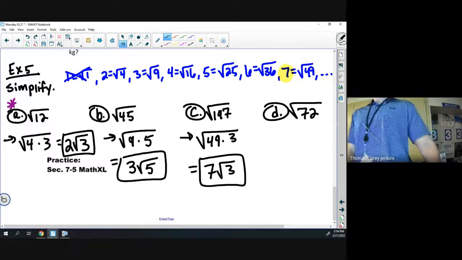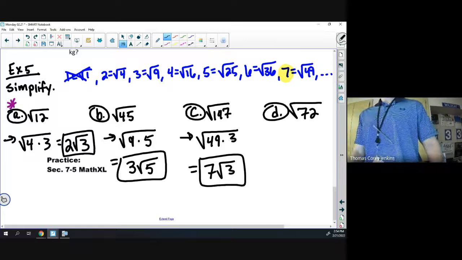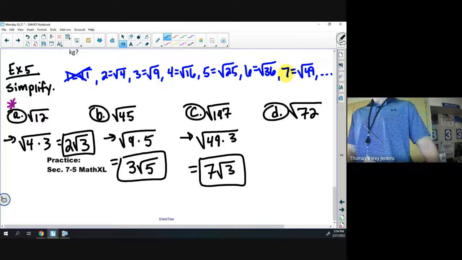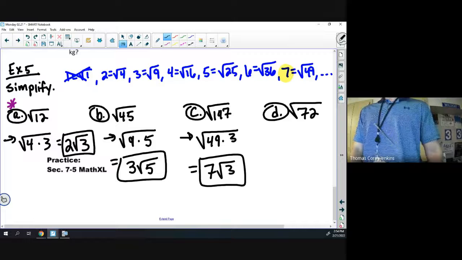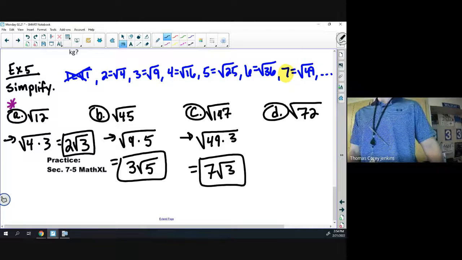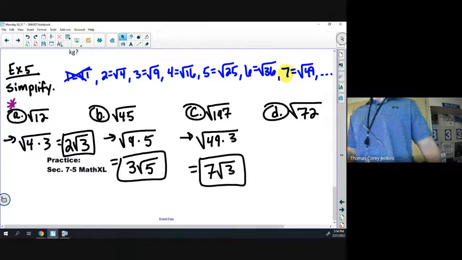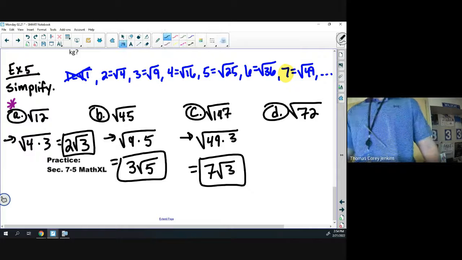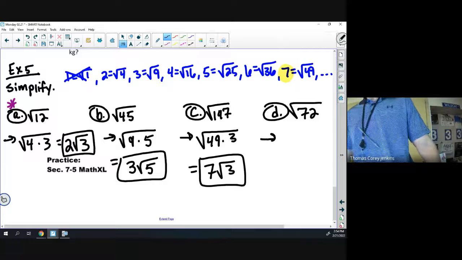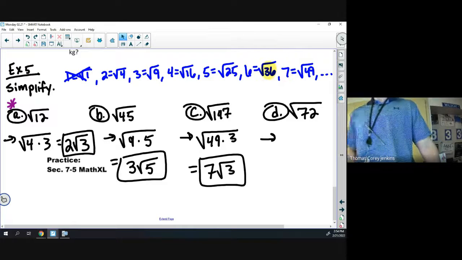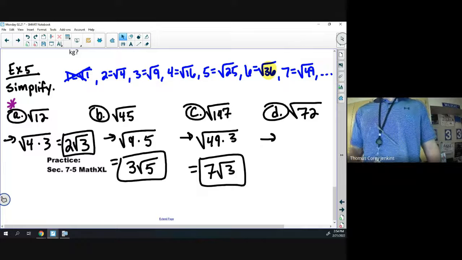All right, and then our last one here, the square root of 72. This would be kind of a sneaky, tricky one. Looking at 72, it's an even number, a larger even number, so why don't I check to see, does 36 go into 72 first?